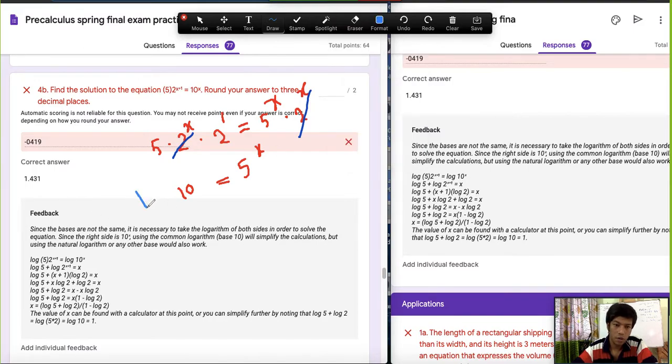Take log of both sides. Multiply both sides by log. And when you take log of both sides, I think all of you know by now that the power always comes to the front. That means this side will be x into log 5.